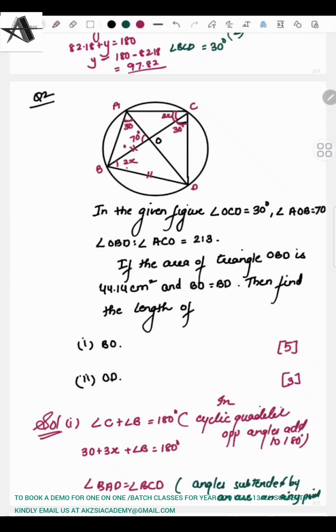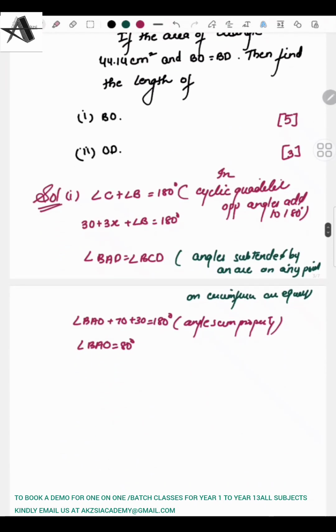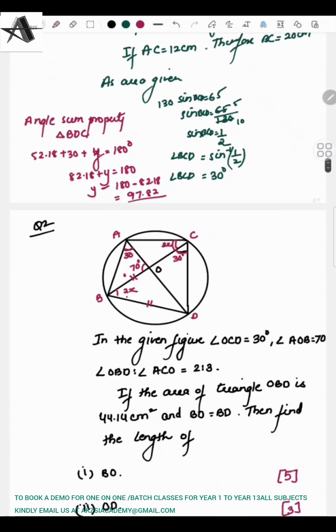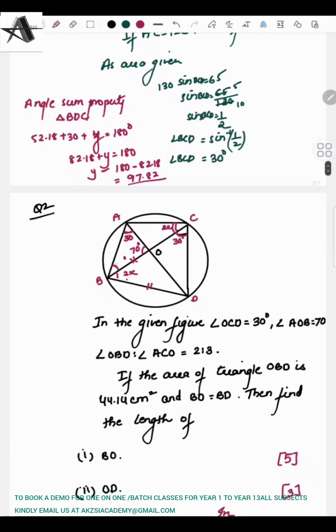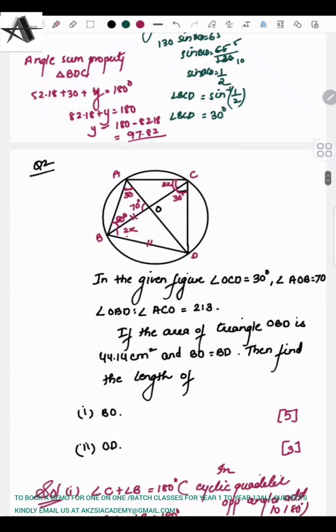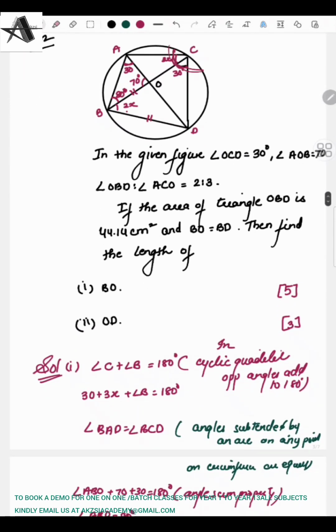And finally angle ABO. Oh, I made a mistake in writing. Angle ABO is 80 degrees, so I can write it here. This is 80.